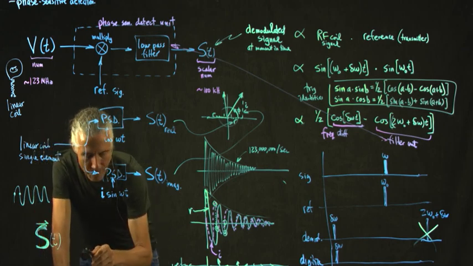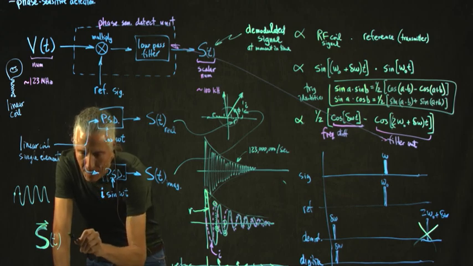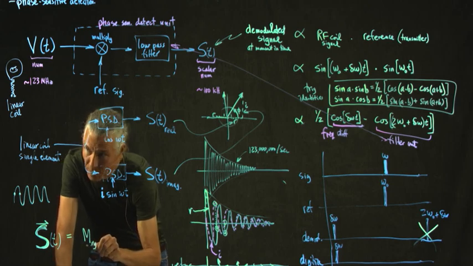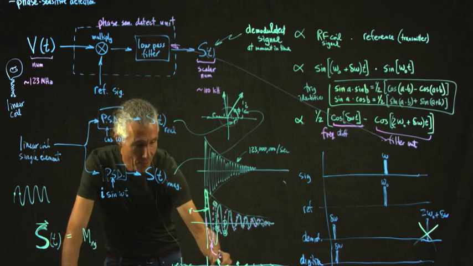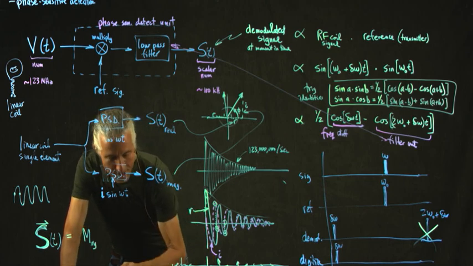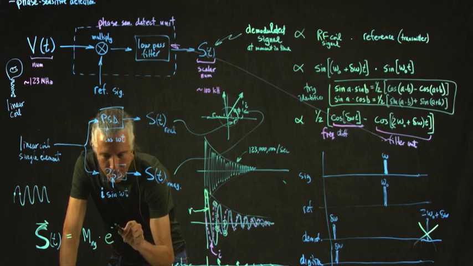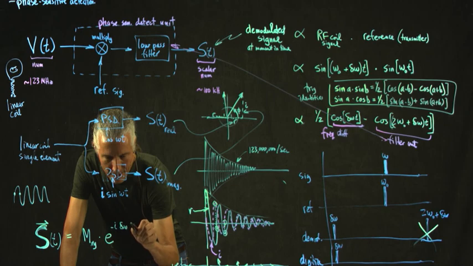That complex signal was basically equal to the instantaneous XY magnetization amplitude, just the length of this vector, times the angle of the vector, and the angle of the vector was e to the minus i frequency difference times time.